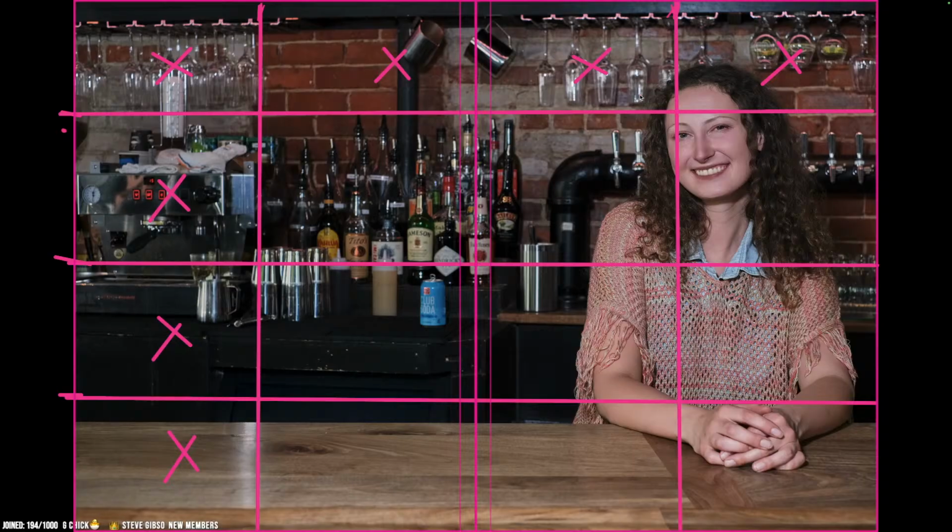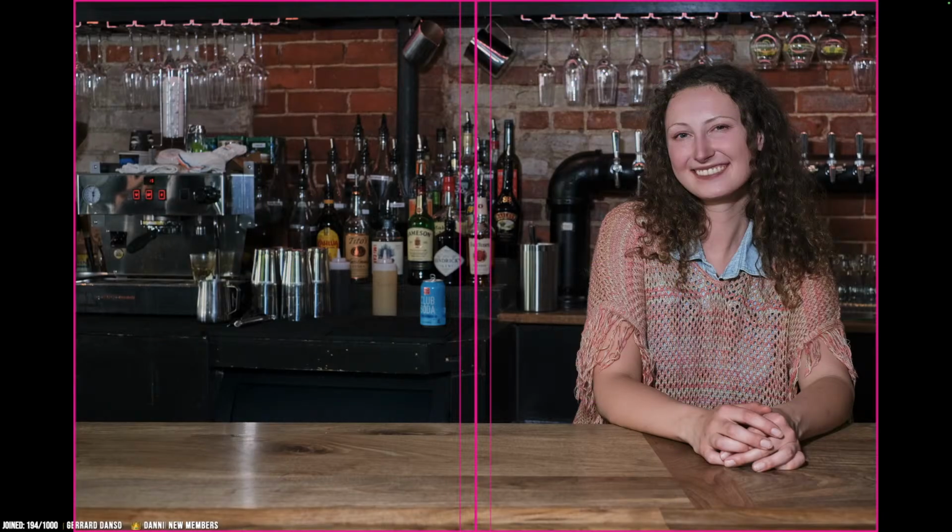And then you can see here, if your subject was pushed over a little bit, so her head was here and her face was here, and her shoulders here, well then now she's balanced perfectly within that frame. But you can see here just how her shoulders and the distance here, and how close, this is claustrophobic.